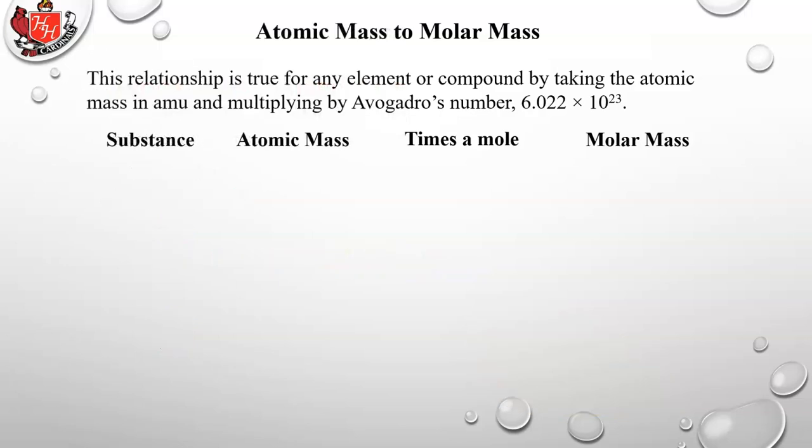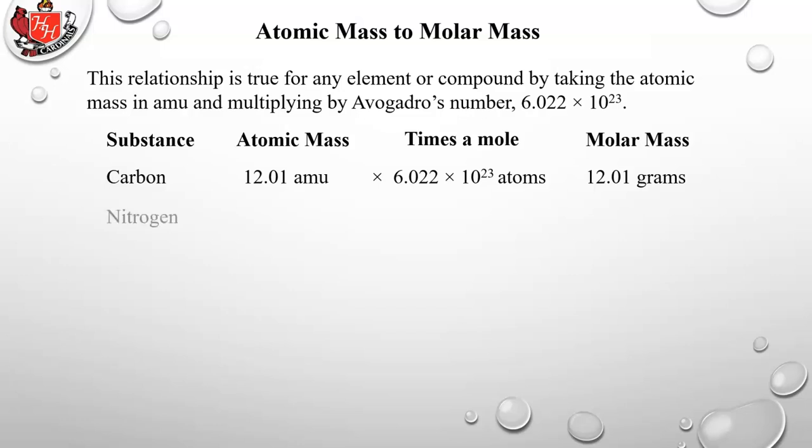The relationship is true for any element or compound by taking the atomic mass in AMU and multiplying by Avogadro's number. So let's take carbon. From your periodic table, carbon has an atomic mass of 12.01 AMU. If you multiply that by Avogadro's number, you get 12.01 grams, something that we have scales that can measure.